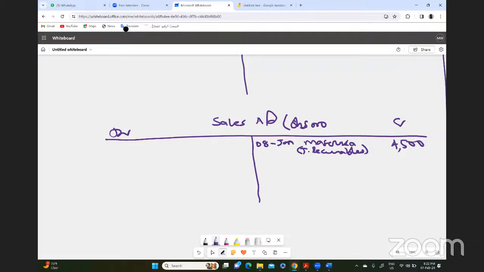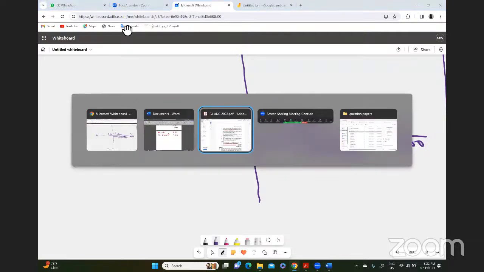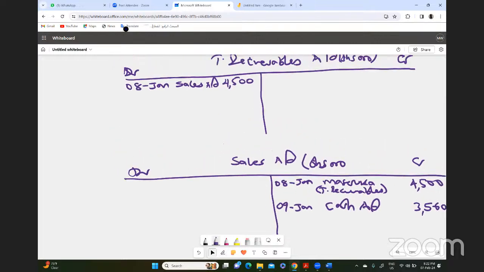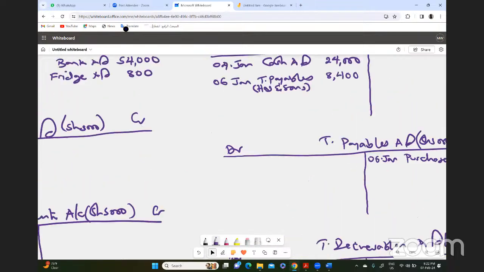So on 9th Jan, we are having 3,560, and this is cash, not so? Cash. And then in our cash book, we are going to debit the cash book.